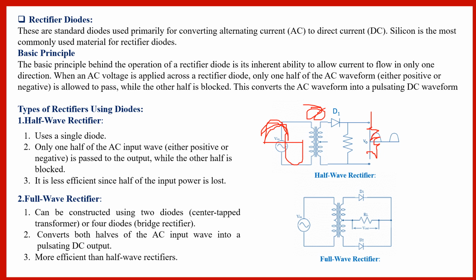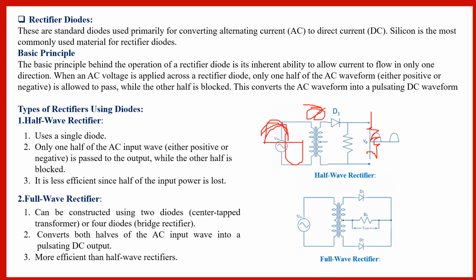So in full wave rectification, the current flows through the load in the same direction for both half cycles of the input AC voltage. This can be achieved with the help of two diodes working alternately. At one point one diode is working, at another point the other diode is working.